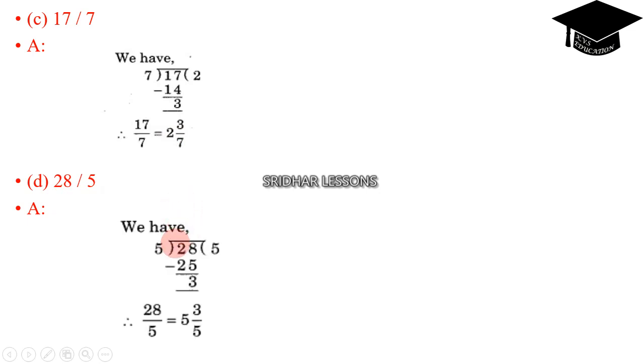Divide 17 by 7. 7 into 2 is 14. 3 is the remainder. So 2 3 by 7 is the mixed fraction here. 28 by 5. We can divide 28 by 5. 5 into 5 is 25. Remainder is 3. So we can write this as 5 3 by 5.